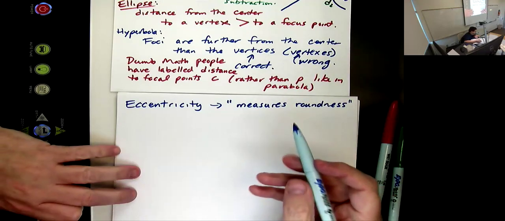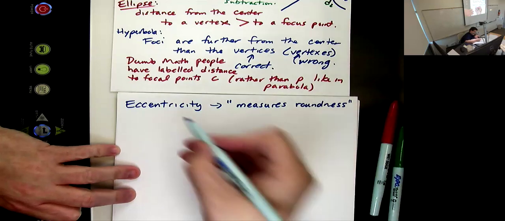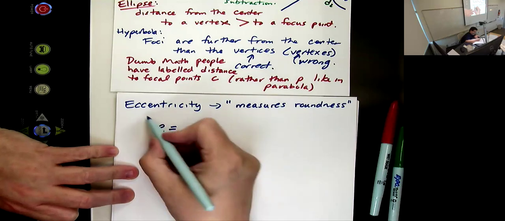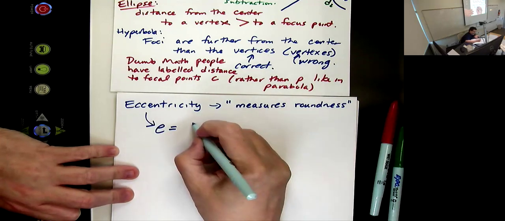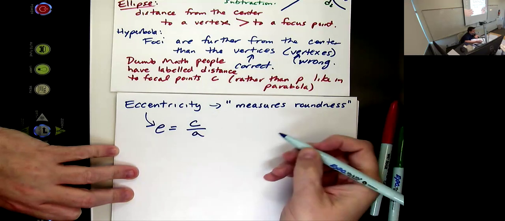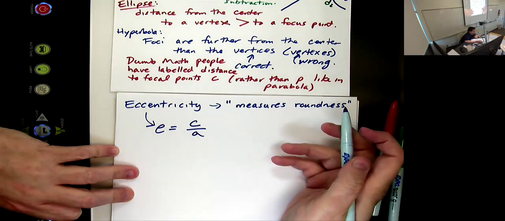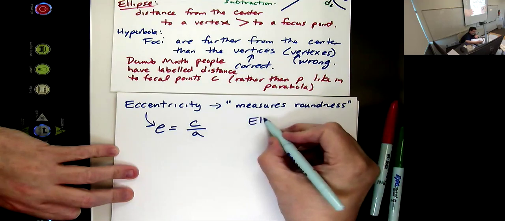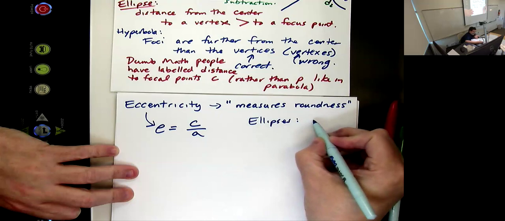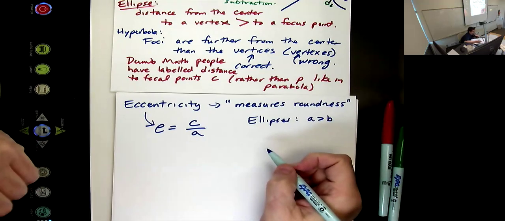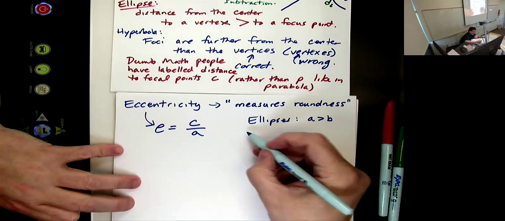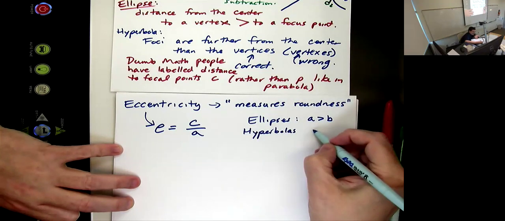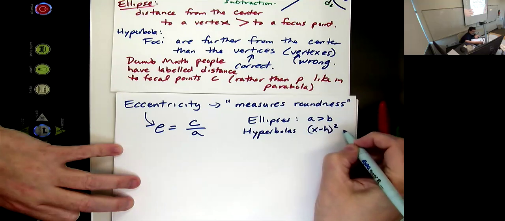Alright, so eccentricity. E equals, which is the letter for eccentricity, C over A, for ellipses, if A is greater than B, and on hyperbolas, if the x minus h squared is positive.